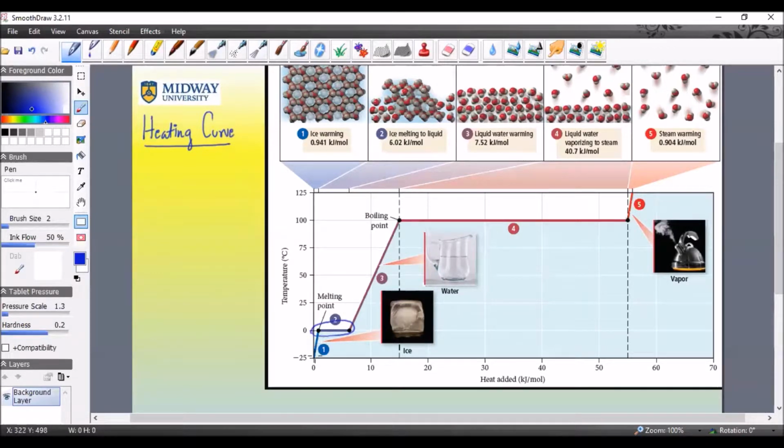Okay, so you start off with ice at say minus 25 degrees Celsius, and then you continue to supply heat until you get to 0 degrees, right? Where the water is still in the ice phase. But you want to understand something when you read a graph: when you see something going up or down, it is changing.